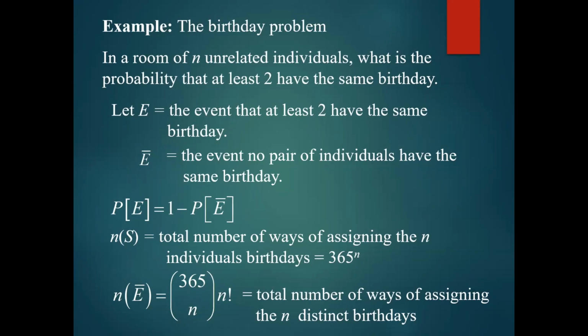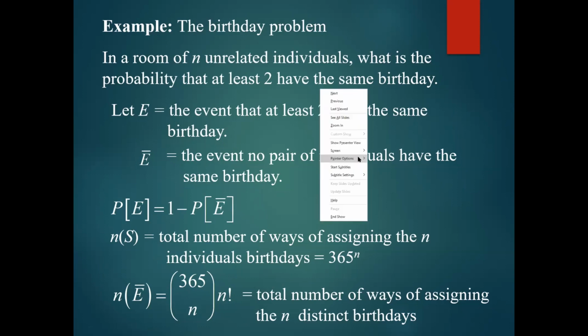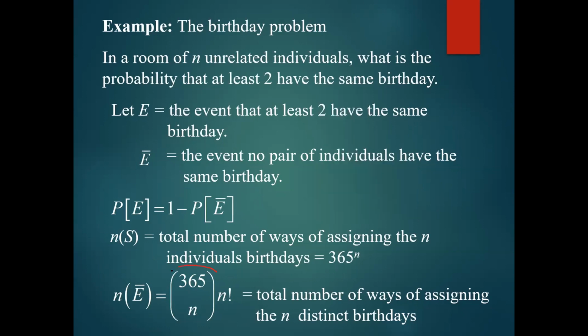So how do we do that? Of course, we will just use this formula, 365 choose n times n factorial. The way to solve this is we are going to select n dates from 365, since there are n individuals, and that will make sure that none of the n are the same because you're selecting distinct n dates from the 365.